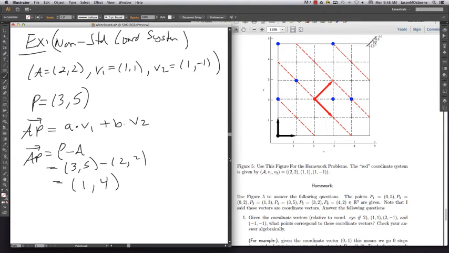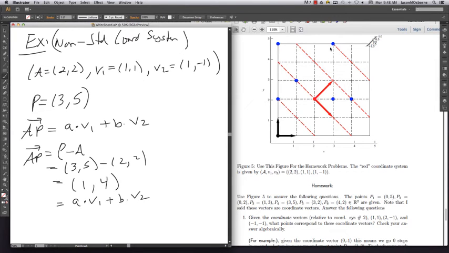The problem is that we're not allowed to do that, or I'm imposing the restrictions that we have to split this up. The only directions you're allowed to go in are the 2 red arrow directions. So that's A times V1 plus B times V2. Maybe you can spot the answer.